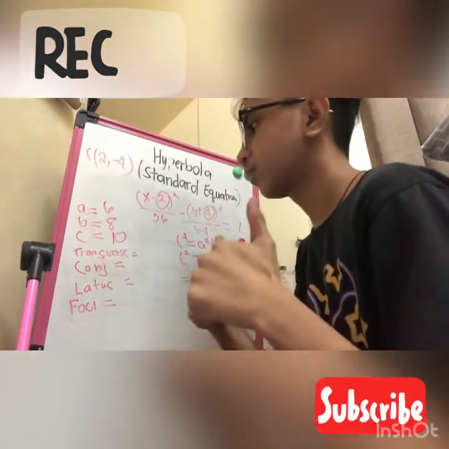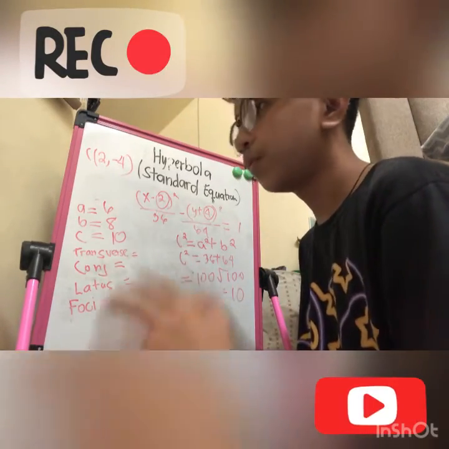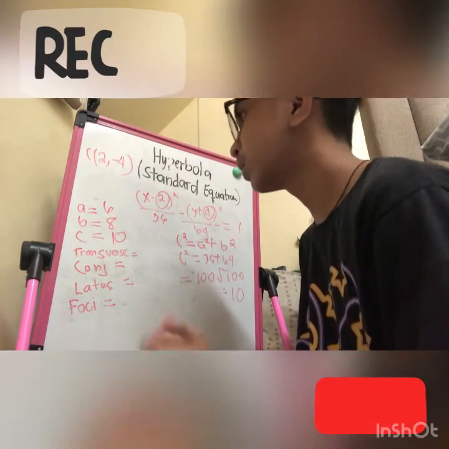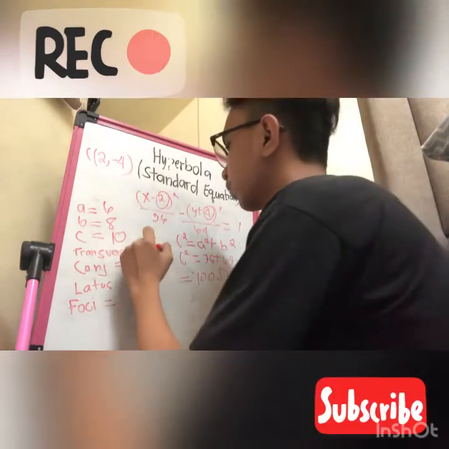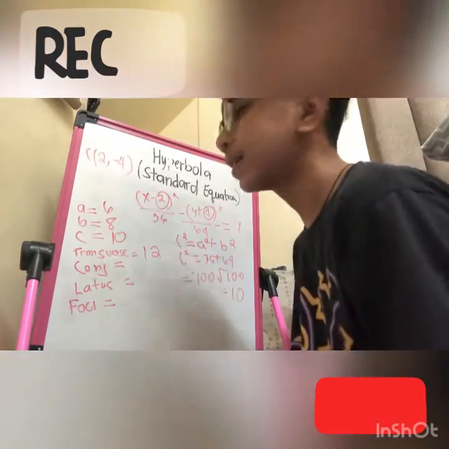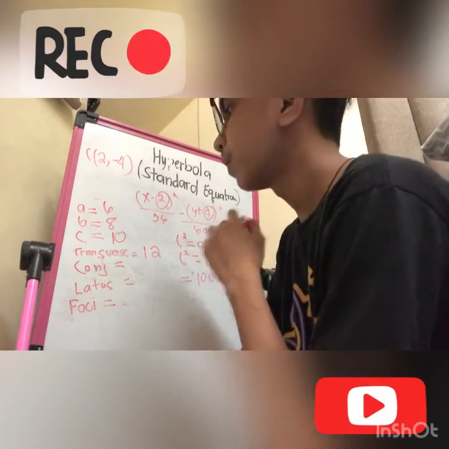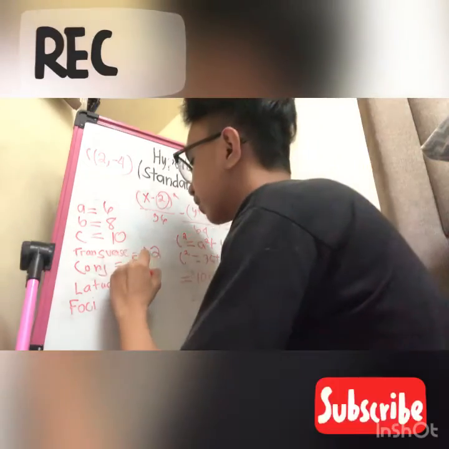So, to find the transverse axis, remember, 2A, which is any given value of A times 2, is equals to the transverse axis. So, 2 times 6 is equals to 12. Conjugate axis is 2B, and the value of B times 2, that conjugate axis is 2 times 8 is 16.